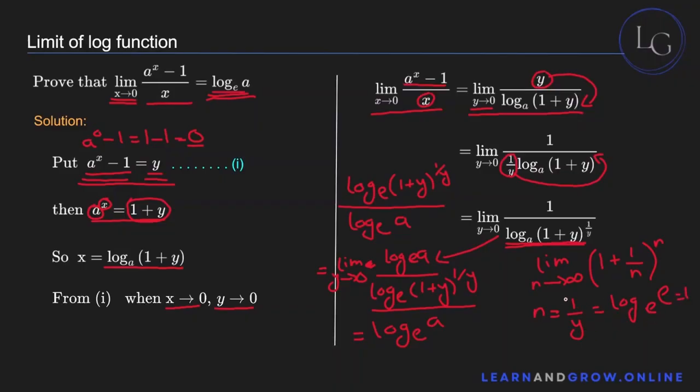Once you apply this logic, this is a deduction we discussed earlier, this form is equal to 1 when you apply the limit. We'll discuss later on how we've done this, but right now this is an explanation for why this becomes 1, and you're just left with the natural log of a.